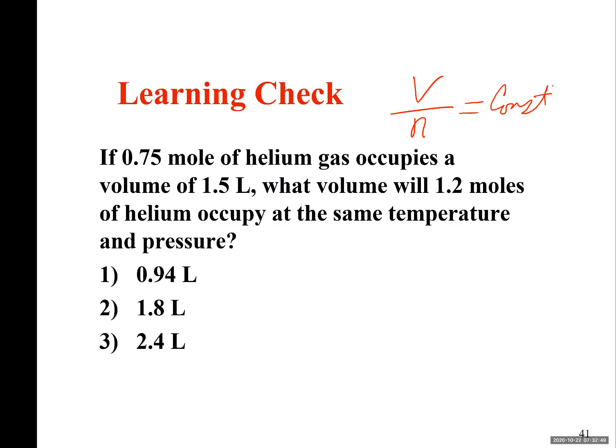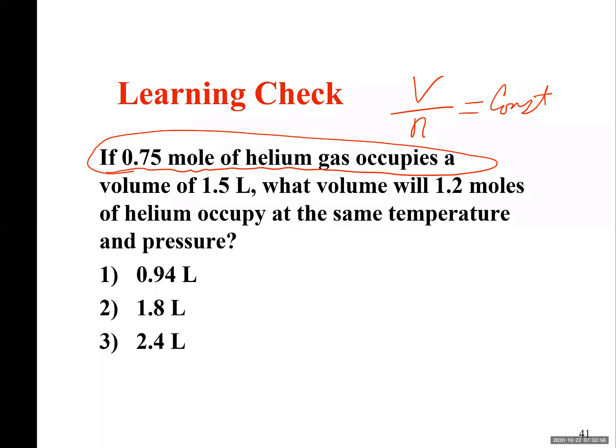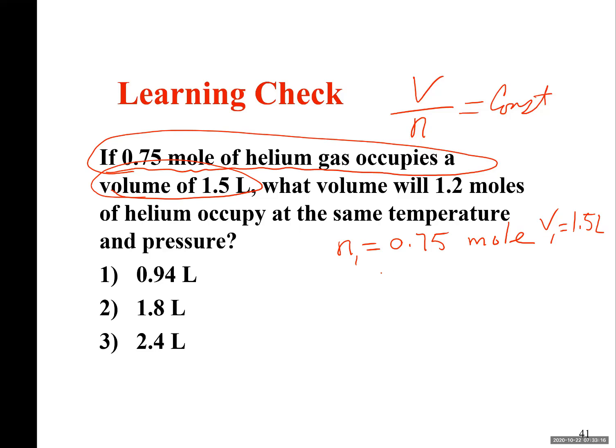So if this is the question, 0.75 mole of helium gas occupies the volume of 1.5 liter. That means we have N1 is 0.75 moles of helium, and it has a volume of 1.5 liter.